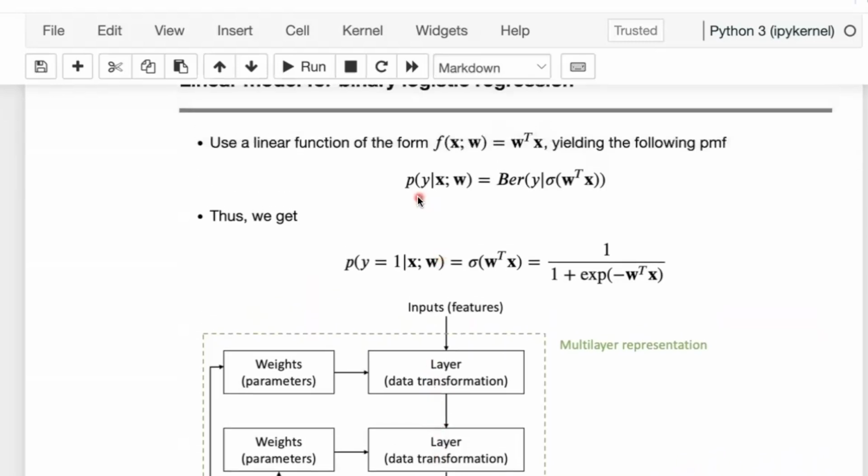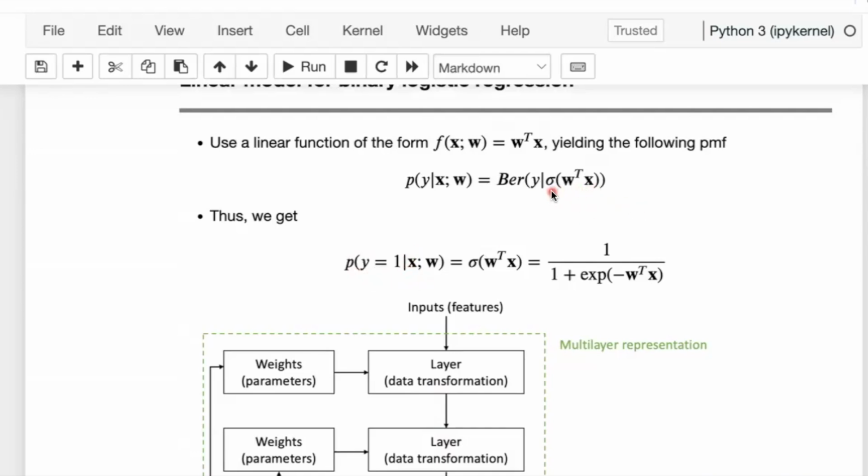And therefore, the model that we have is that the probability that the output y belongs to class 1 or 0 given inputs and parameters is modeled by this Bernoulli distribution. And we can simplify this further and say that the probability that y equals 1 is exactly this probability score that we have here.